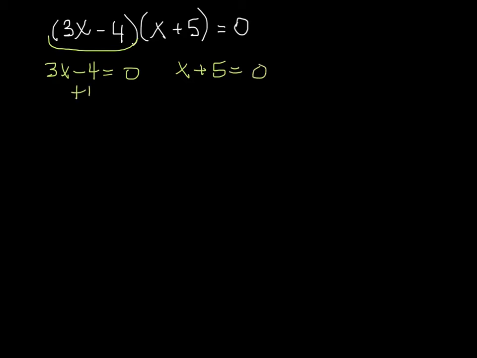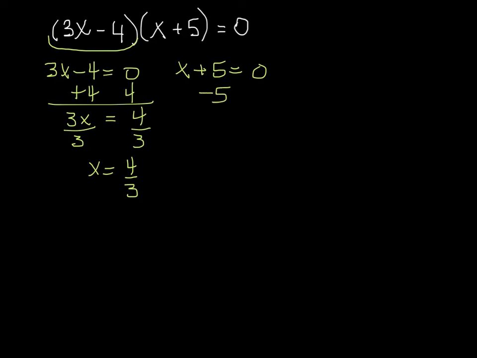If I solve this, I'm going to get x equals 4 over 3. And if I solve this side, I'm going to get x equals negative 5.